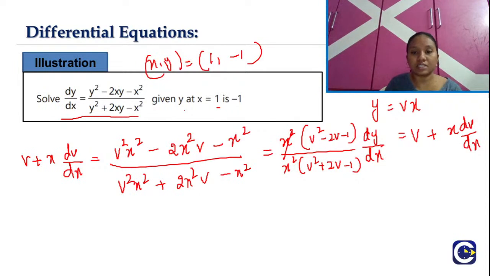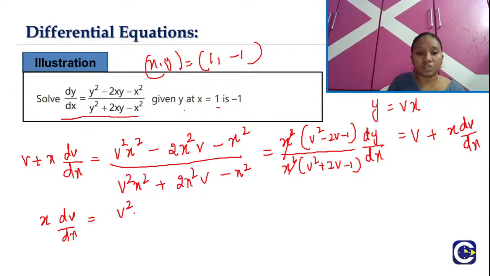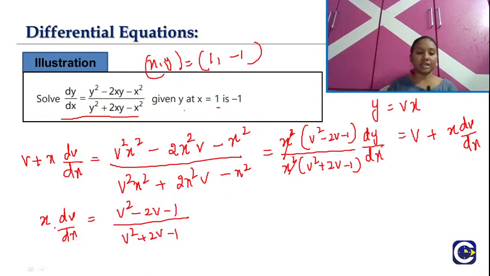This x square will get cancelled, and we'll have x dv by dx equal to v square minus 2v minus 1 divided by v square plus 2v minus 1, and this v present on the left hand side can be pulled out to the right hand side, so it will be minus v.